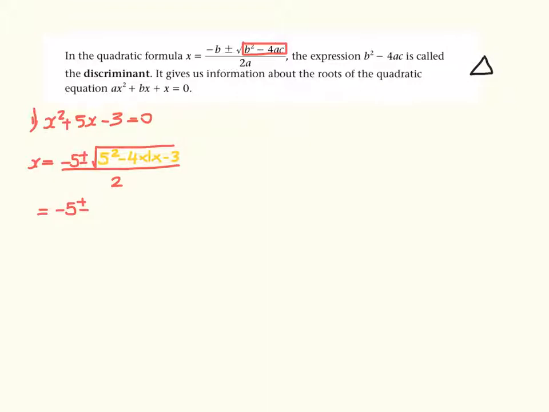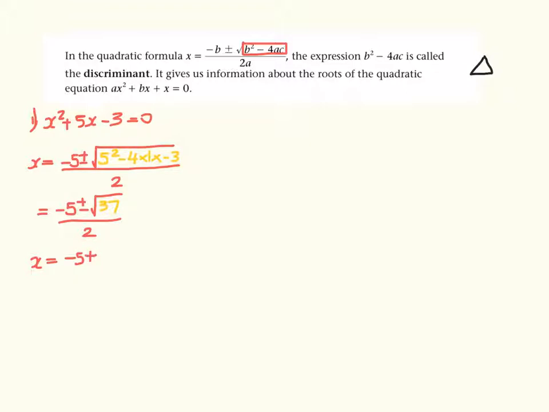Underneath our square root sign now, the discriminant, which is the bit in yellow, is equal to 37, and divided by 2. Okay, now 37 can't be simplified, so if I wanted to leave my values as exact, I have two answers here.